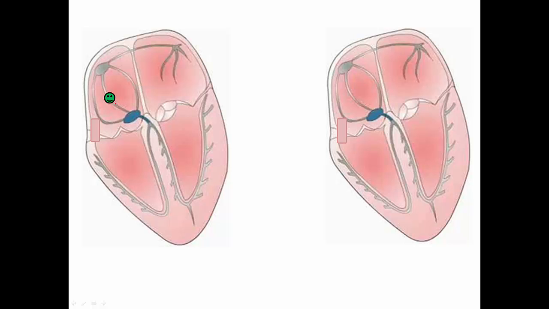Basically what happens is a premature atrial contraction comes early and it fires off and it goes throughout and it goes to here. But we're going to say that this accessory pathway isn't ready yet. It's still refractory.